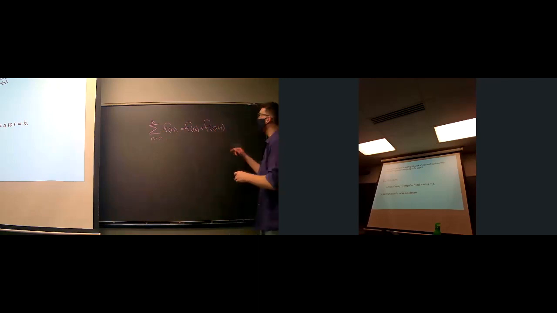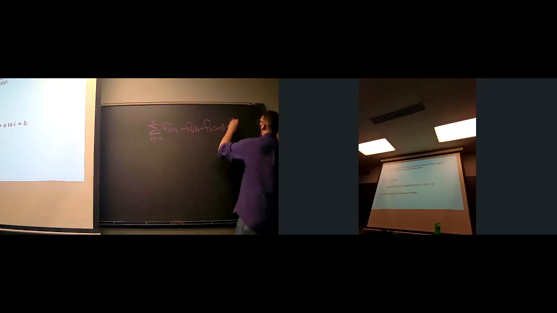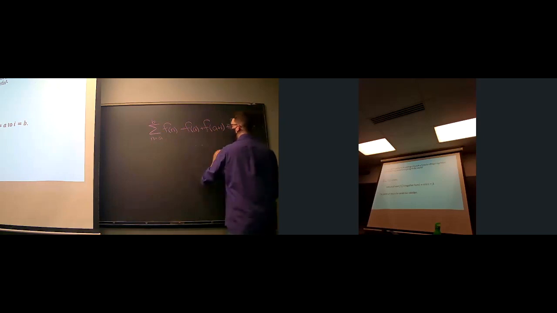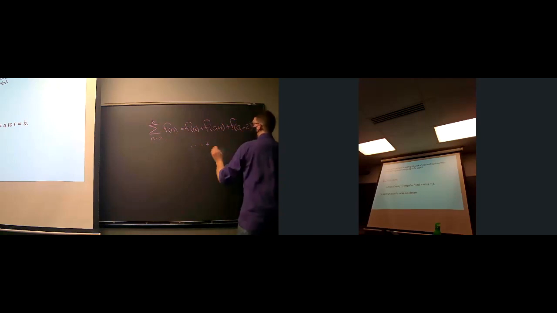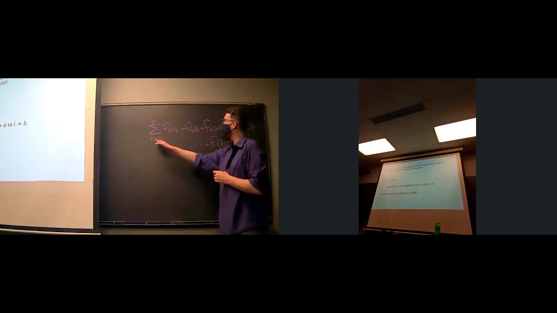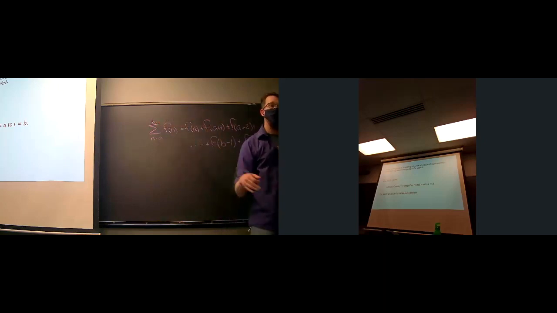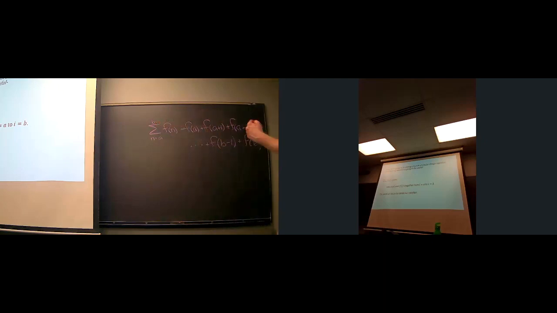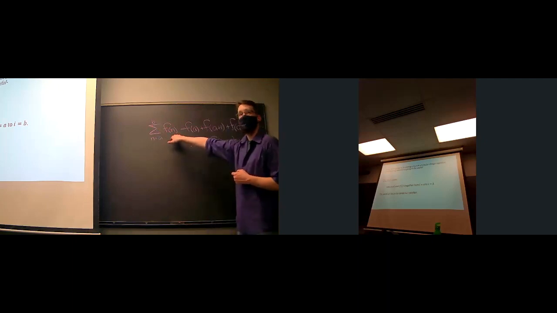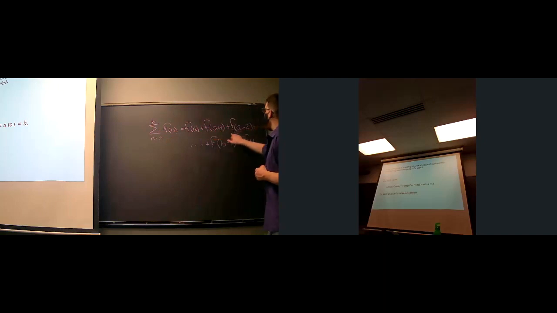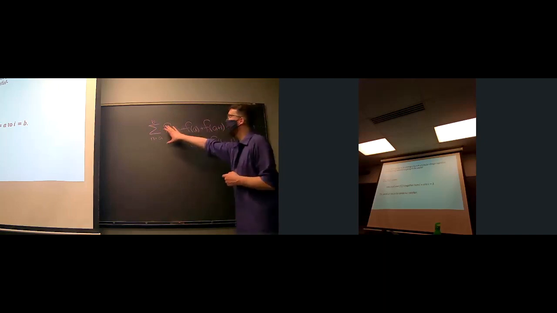You're going to keep doing this over and over and over again. f of a plus 2, dot, dot, dot, plus f of b minus 1 plus f of b. So we're going to take and break up all of the numbers from a to b into integer values, right? We're going to keep throwing each of those integers from a to b into your function, and add each of those calculations together. That's all this notation here means.